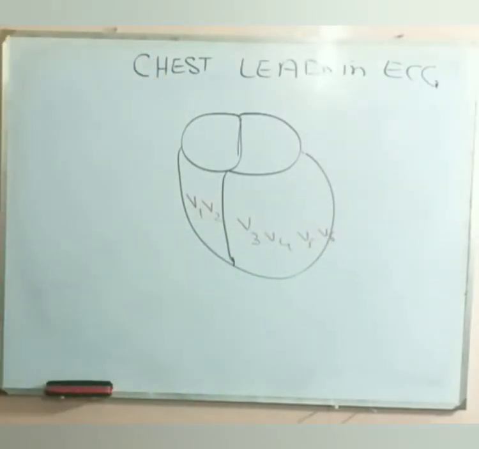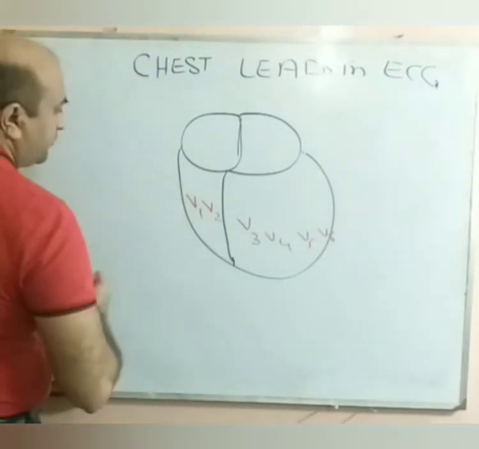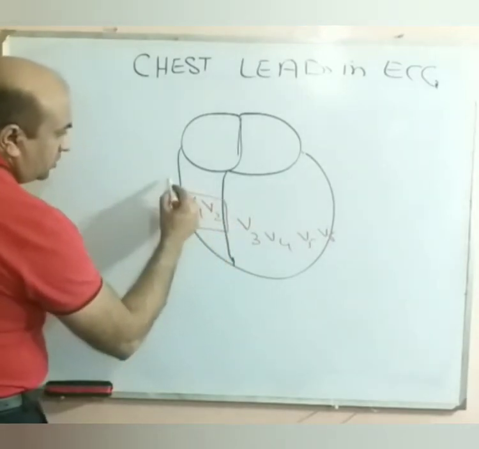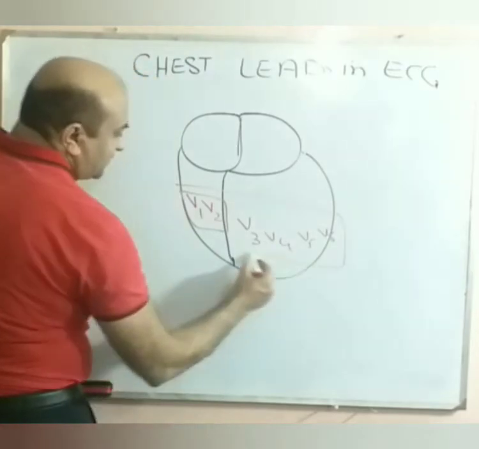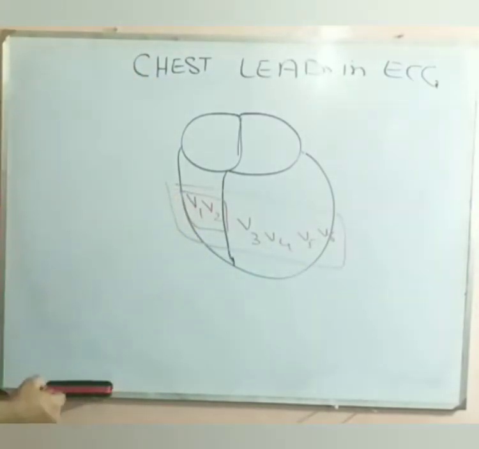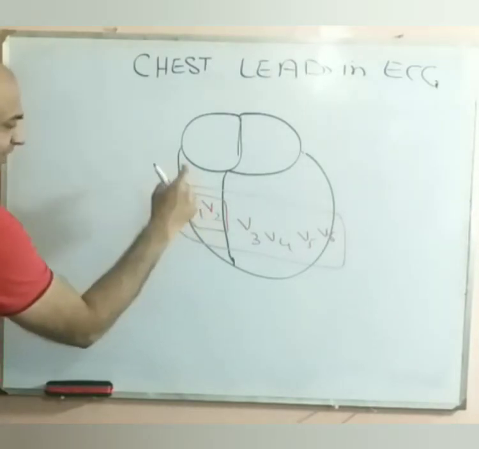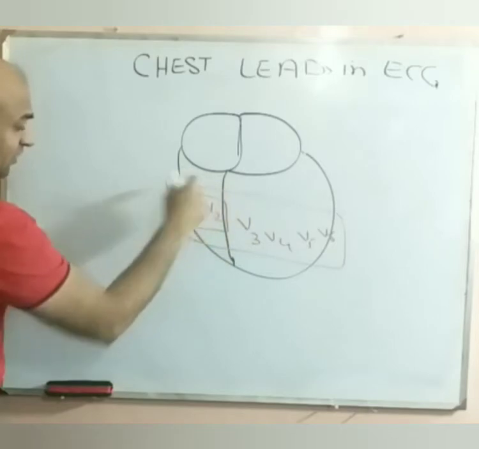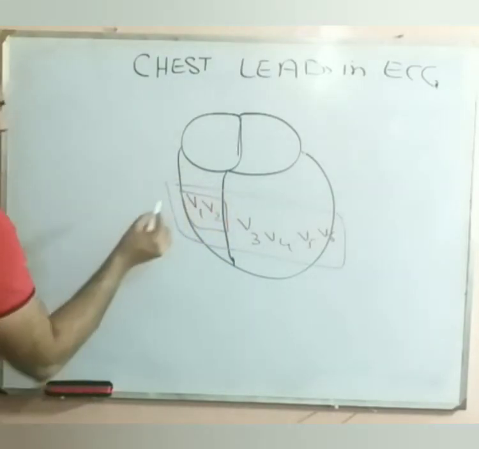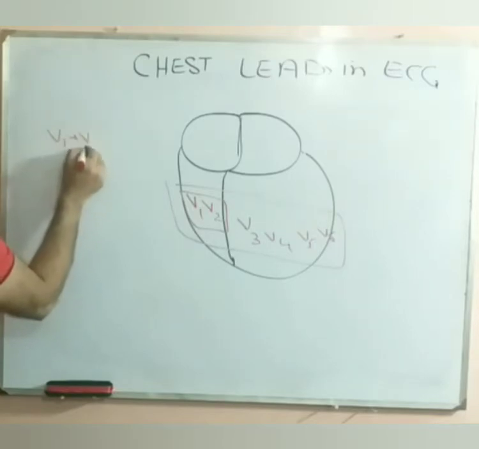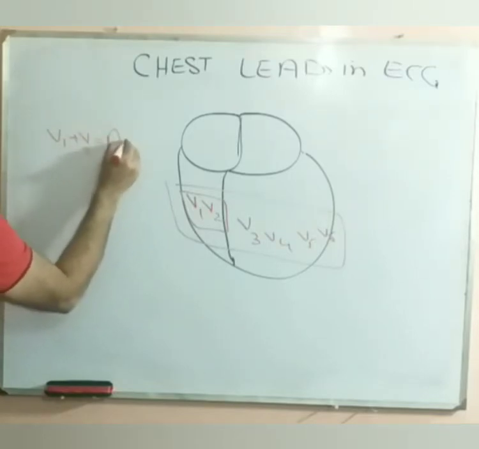Now if you look at this carefully, focus here, V1 and V2. Though all of these chest leads are looking at the anterior wall, V1 and V2 are looking at the electrical activity of that part of the anterior wall which is very near to the septum. So V1 and V2 are known as anteroseptal leads.